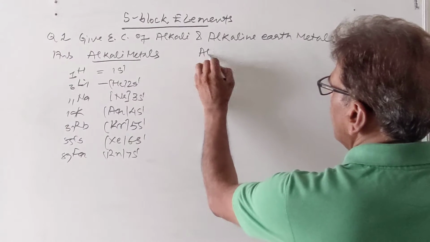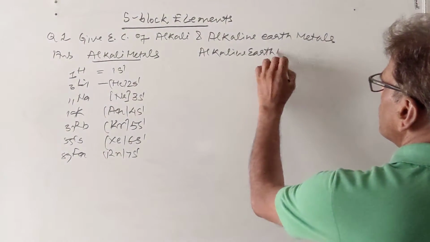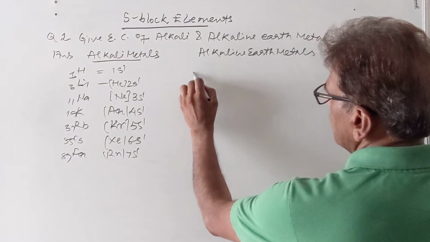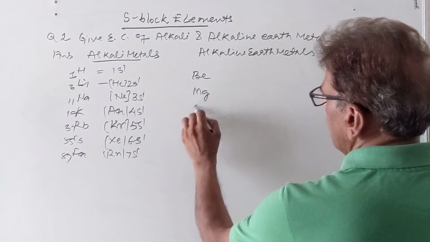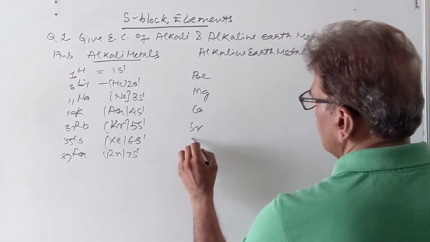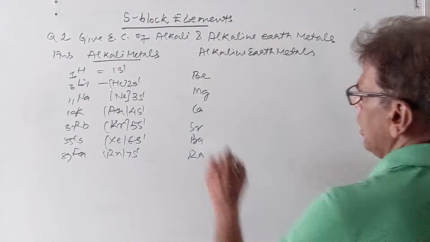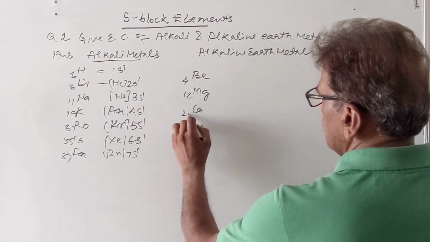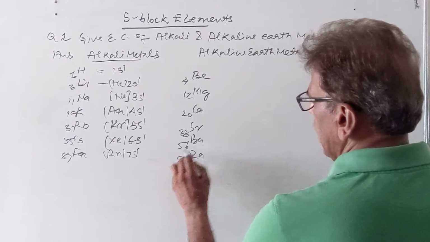Then we have alkaline earth metals. We have the elements beryllium, magnesium, calcium, strontium, barium and radium. Beryllium's atomic number is 4, then this will be 12, this is 20, 38 and 56, 88.